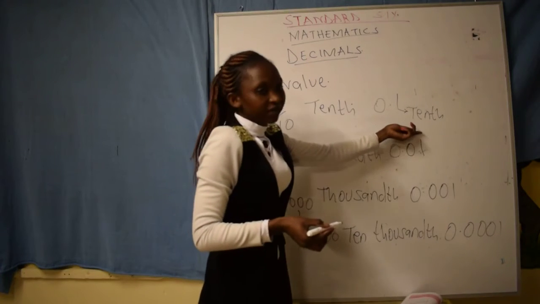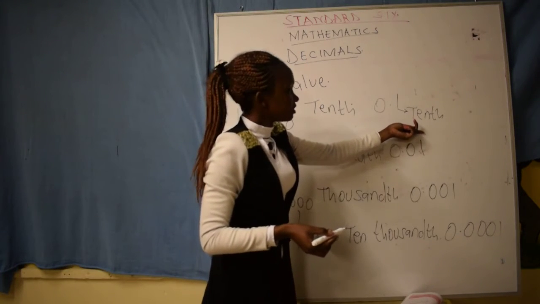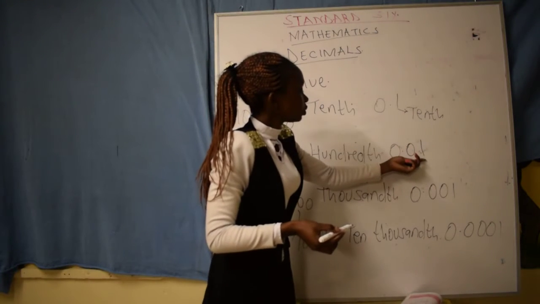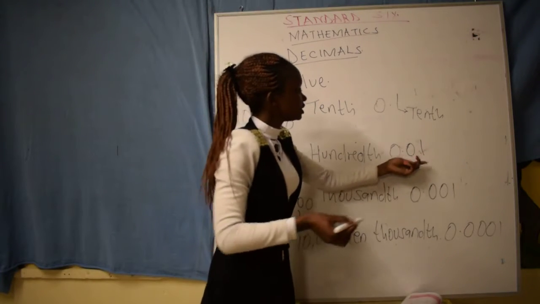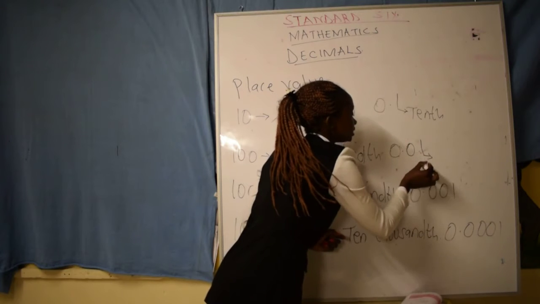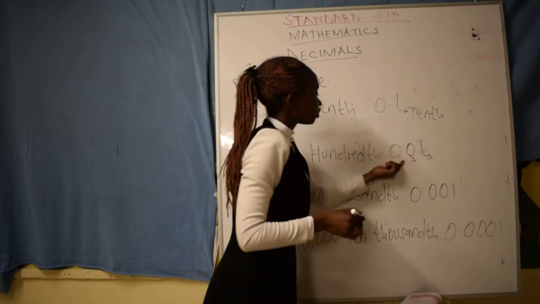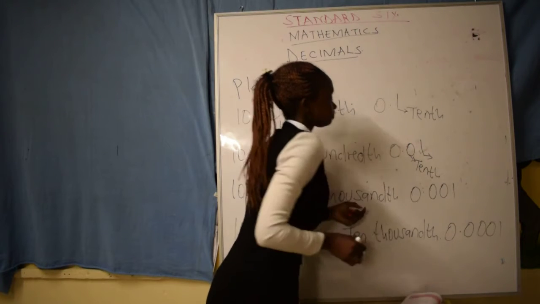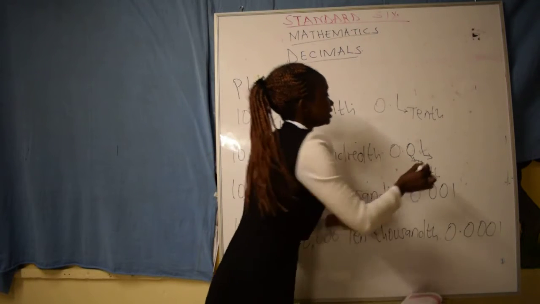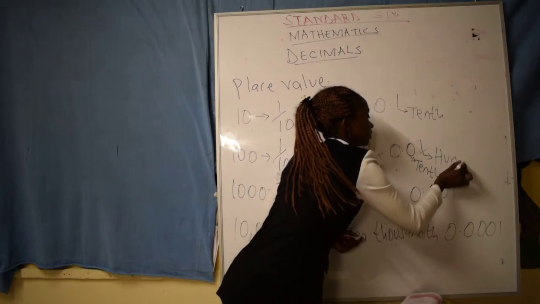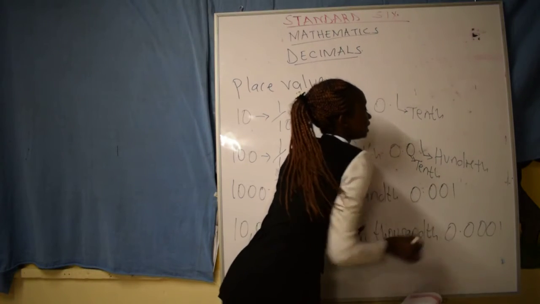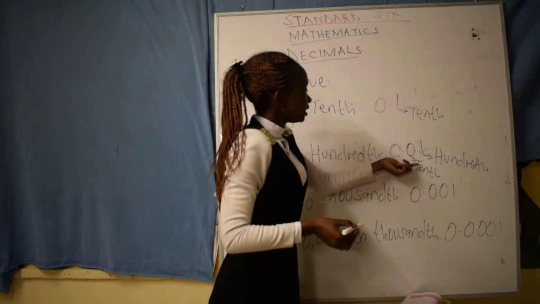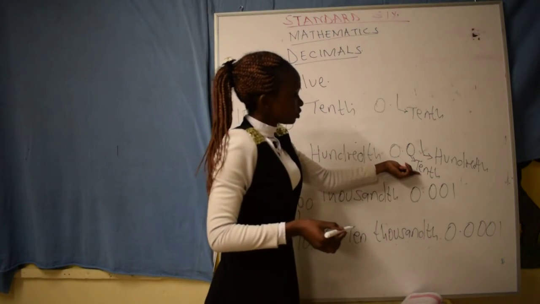Therefore, its place value is tenths. If we have two digits after the decimal point, the very first digit after the decimal point is in tenths place value. Then the second is in hundredths place value.